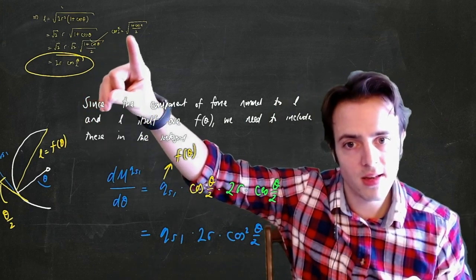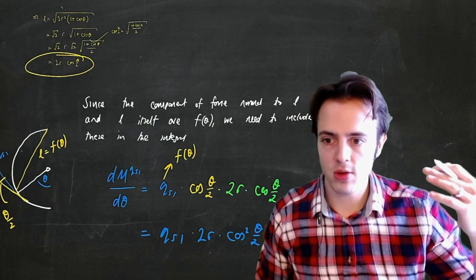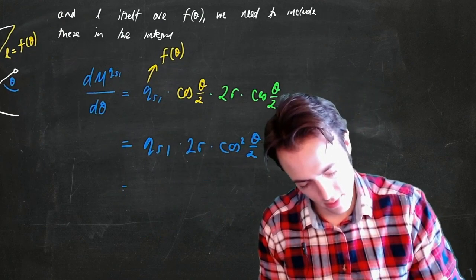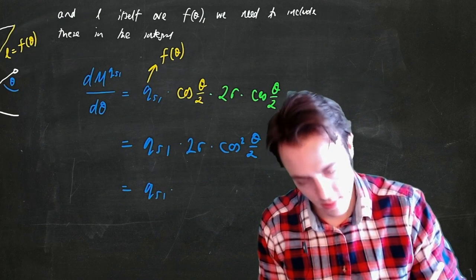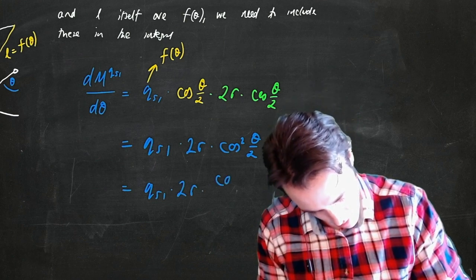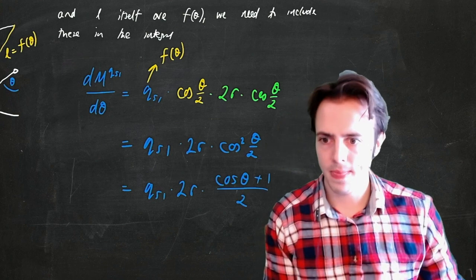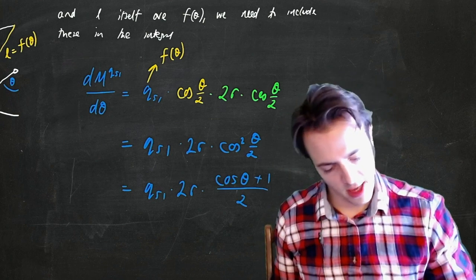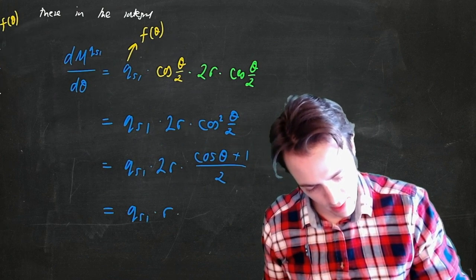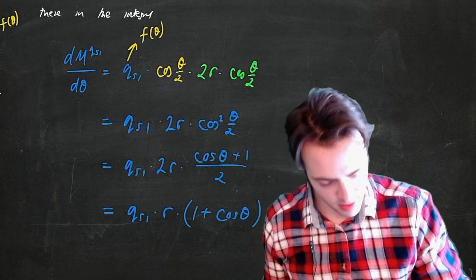Square this side, square this one. This will give us 1 plus cosine theta on 2. Okay, so thankfully those 2's cancel. We get QS1 multiplied by r, 1 plus cosine theta.